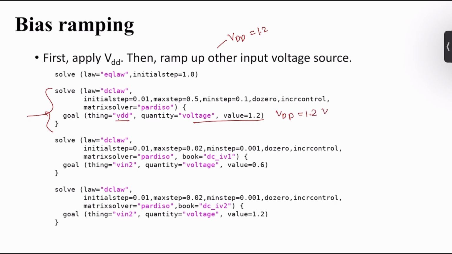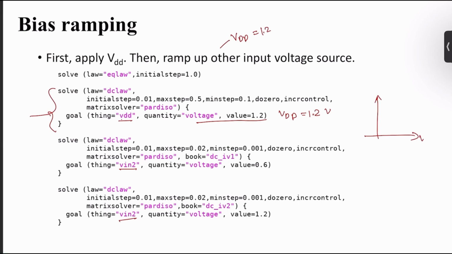Then we have to assign some voltage to V input 1 and V input 2. What I have done here for DC analysis, we will see in the next slide with the graph: V input 2 is swept with VGS, that is VG, and I will plot it with the output voltage, V out.